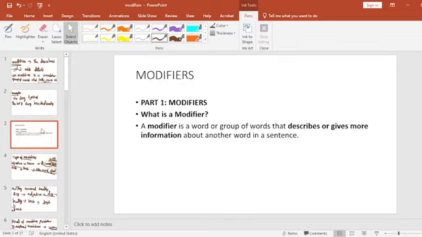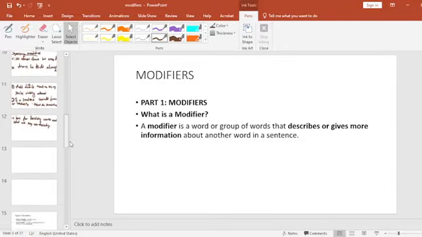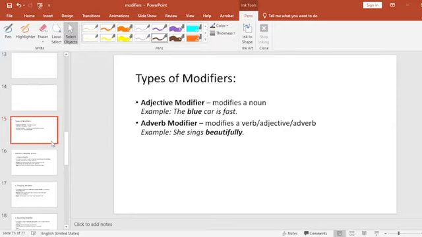A modifier is a word or a group of words that describe and give information about another word in the sentence. So it always modifies another word in the sentence. Next, there are types. One is adjective modifier, other one is adverb modifier. What is adjective modifier? It modifies a noun.